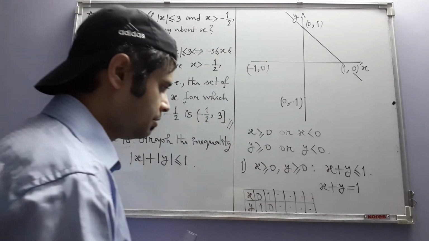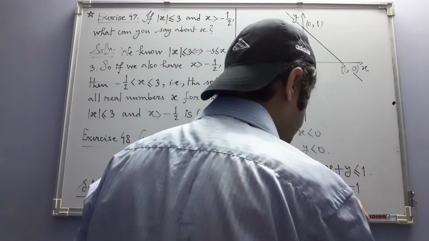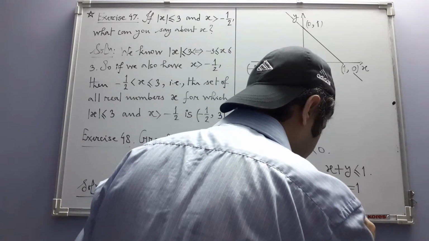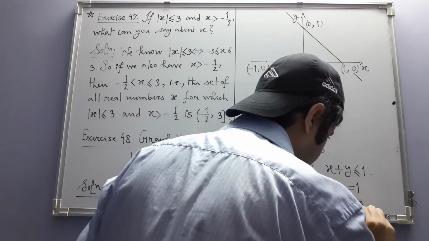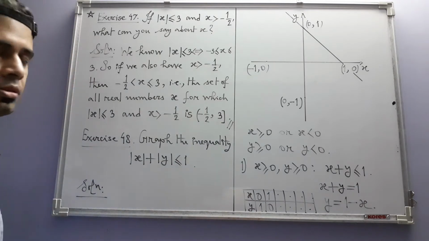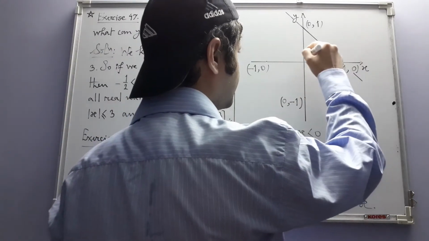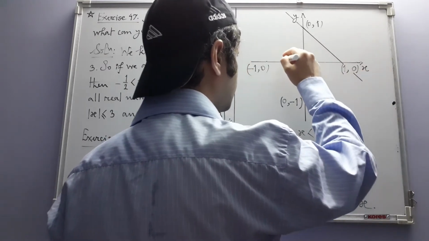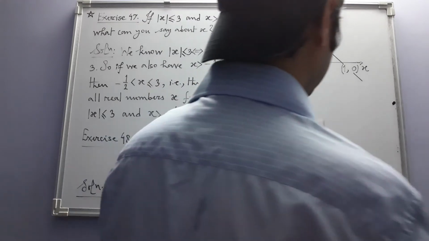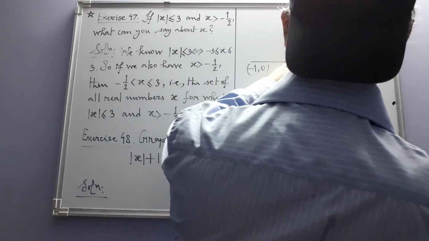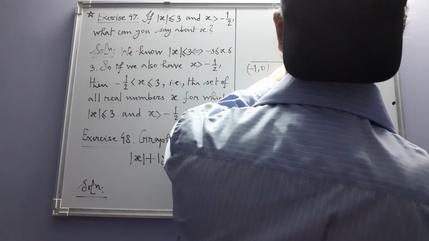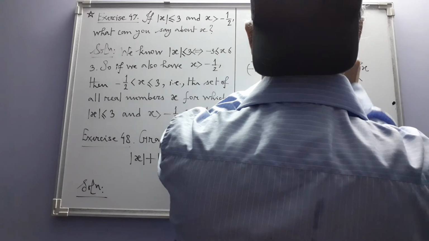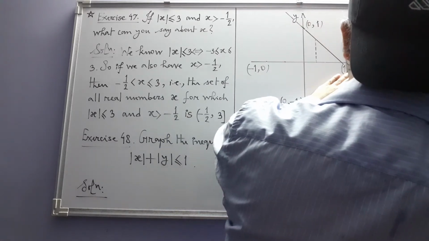Okay, now what is the expression for y in terms of x in this equation? y is equal to 1 minus x. So that means whenever I have an x value here anywhere on the x-axis, either here or here or here, then what are the corresponding values of y?